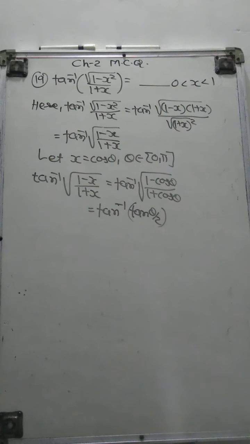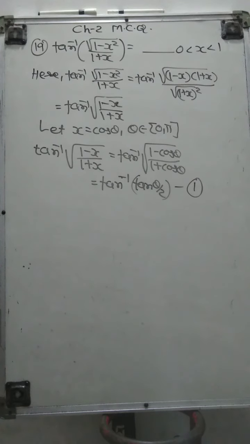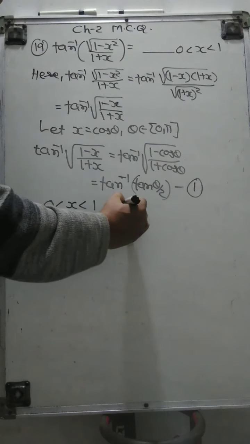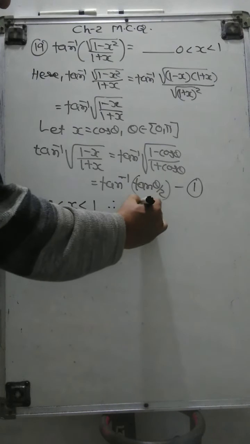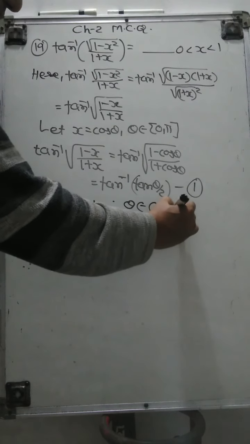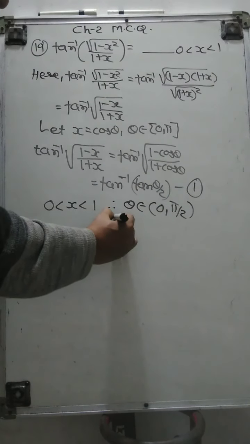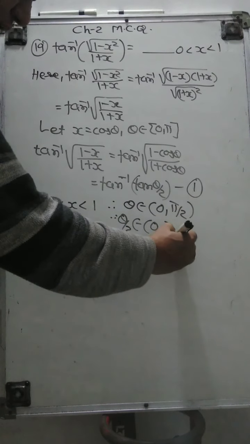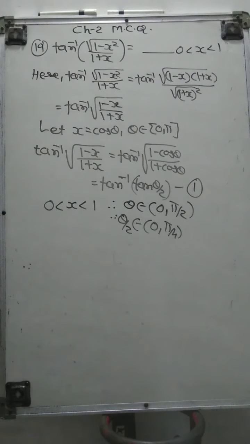Now here our condition is 0 less than x less than 1. It means theta belongs to 0 to pi by 2. Therefore theta by 2 belongs to 0 to pi by 4, which is included in the interval of tan.